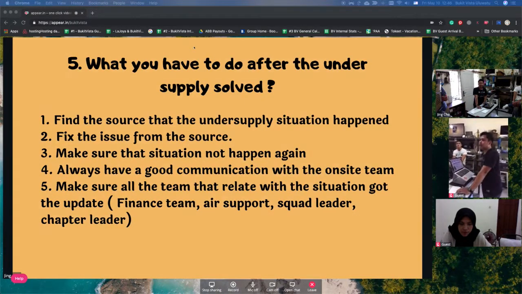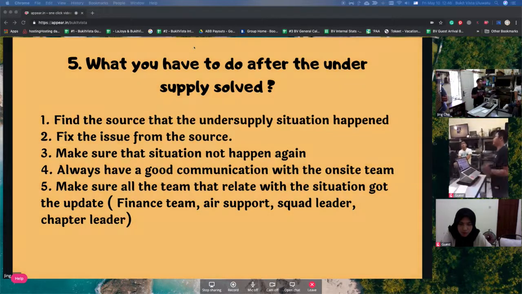And then the third one is make sure that the situation does not happen again. The fourth is always have good communication with the on-site team. We have to tell every team on-site, like the gardener, everything: if the guest asks for a refund or extension or anything, please ask the guest to communicate with us via Airbnb or WhatsApp, because that is very safe, you don't make mistakes on-site, and we always know the update from the guest.